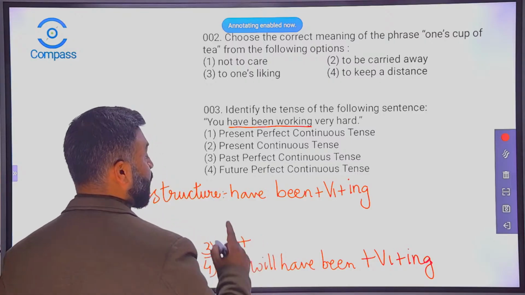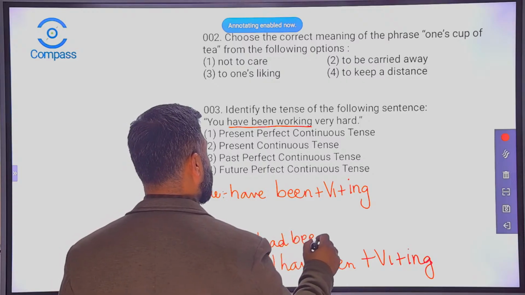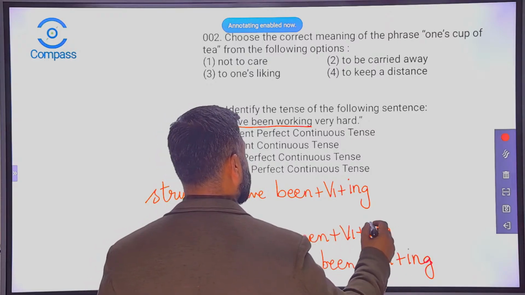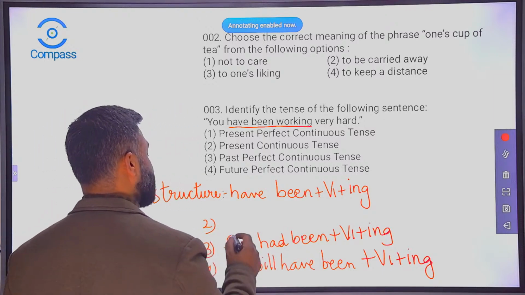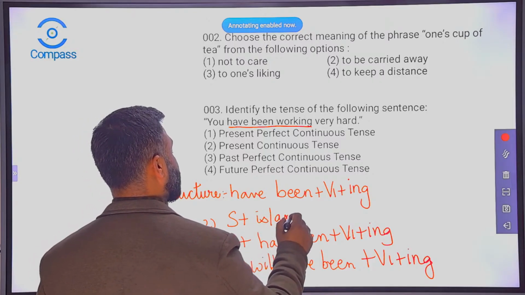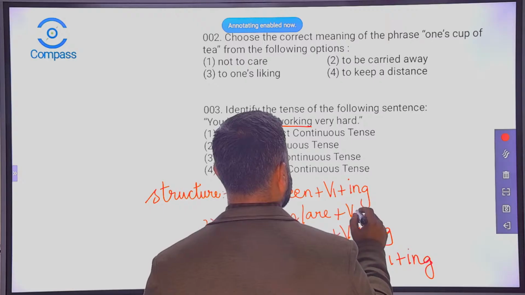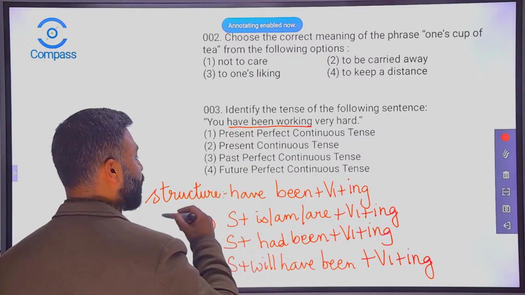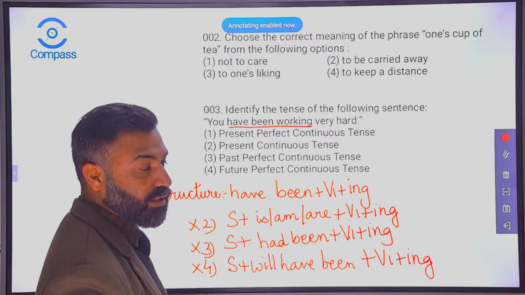So S plus had been plus V1 plus ing. Second one, it's present continuous tense. So S plus is, am, are plus V1 plus ing. So that means second, third, and fourth, these three are not the right answer.